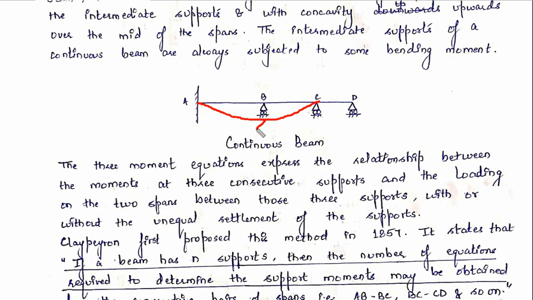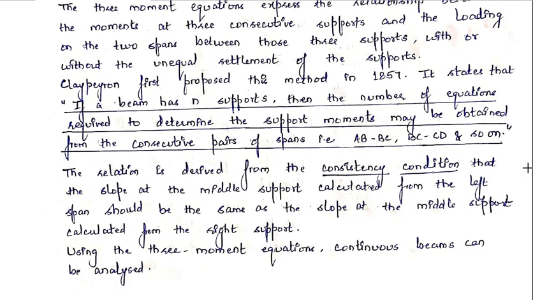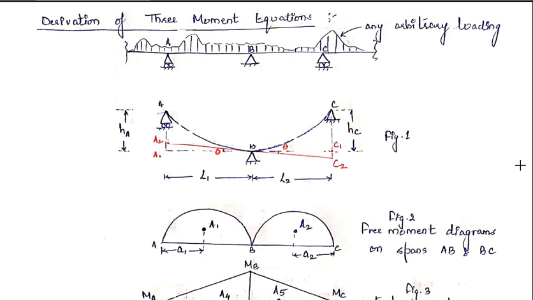So if this B support settles down, then the slope at B calculated with respect to A and the slope at B calculated with respect to C will be equal. So we use this consistency condition in order to derive the three moment equation. Now we will see in the next video how we derive the three moment equations.